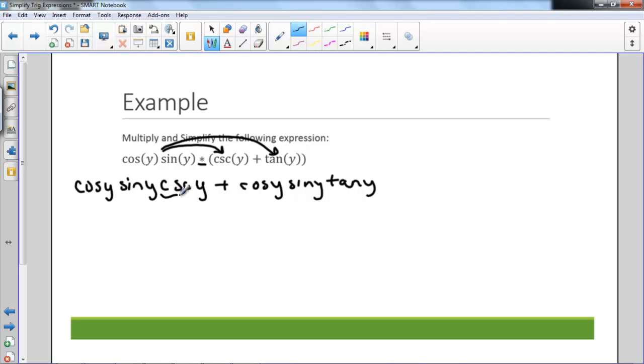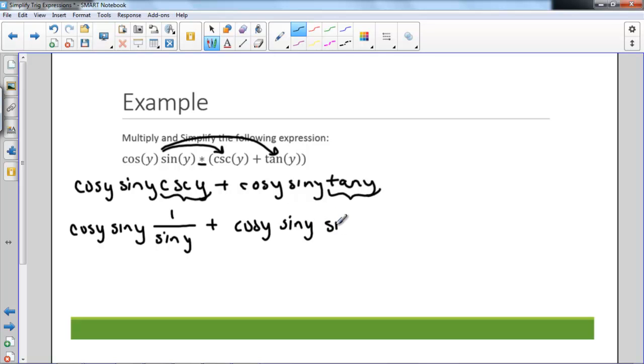Now I'm going to rewrite this in terms of its reciprocal and rewrite this in terms of its identity. So I'm going to end up with cosine y sine y. And we know that cosecant is 1 over sine y, plus cosine y sine y, and tangent y is sine y over cosine y.